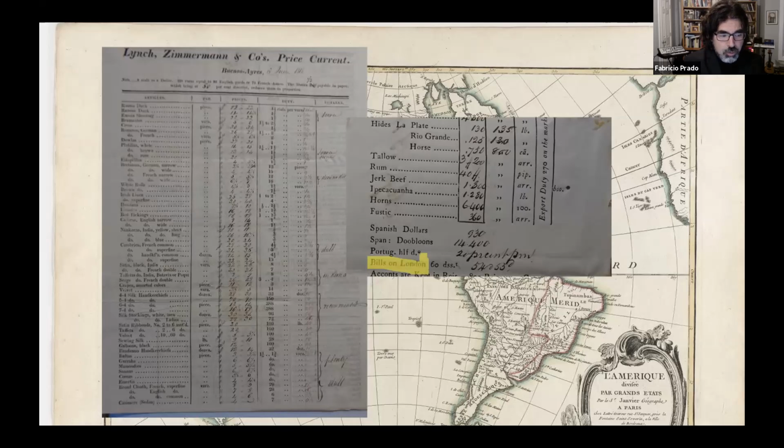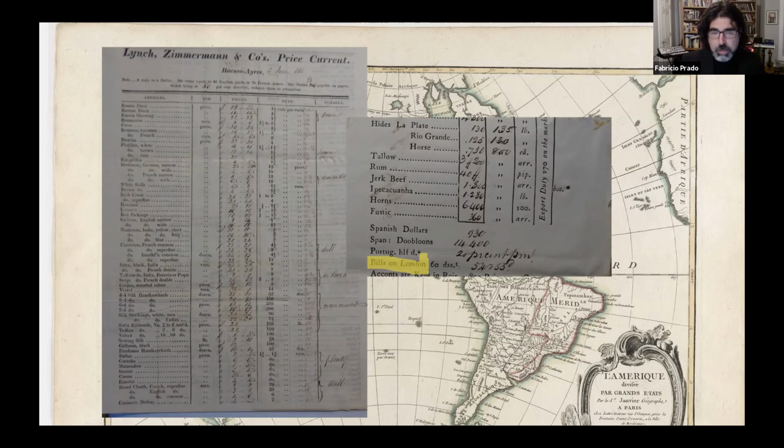We'll see also that Americans are selling in Rio de la Plata, or in Spanish South America, bills of exchange, letters of credit over London. So literally, Americans will start selling paper, credit, to Spanish subjects that then could access credit over London. Literally, it is the financialization of the early global market.